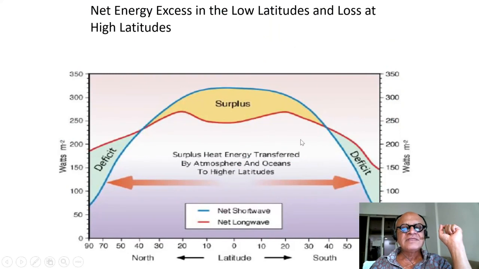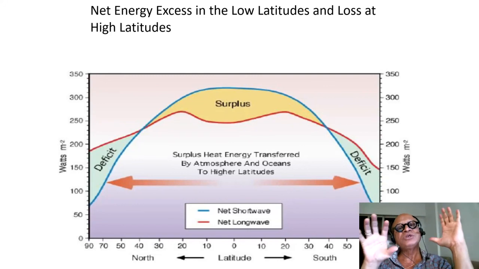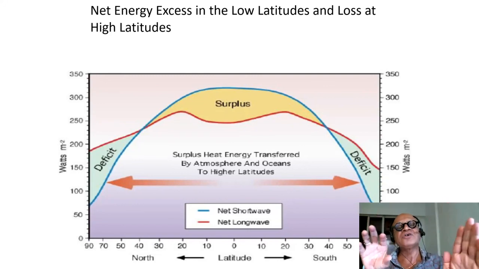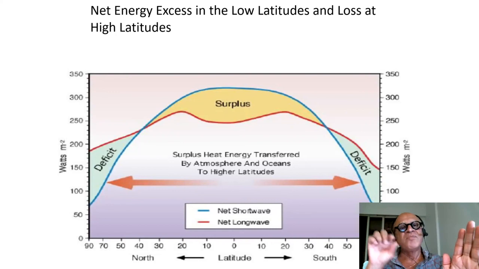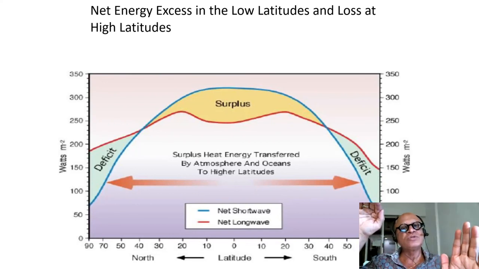Just to add the details, we will see in a minute that the radiation coming in is not distributed evenly, because Earth is a sphere, and the sun's radiation coming in parallel to the Earth puts more energy per unit area in low latitudes, because the area exposed is larger, compared to the curvature at higher latitudes, where the energy per unit area is smaller, but you are emitting long wave from everywhere.